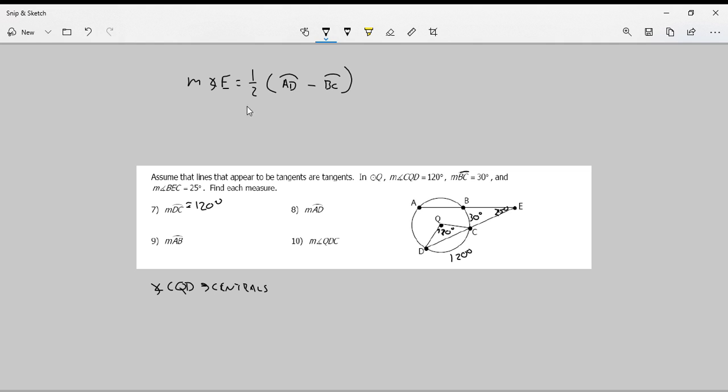Okay, so again, what do we know? We know angle E, right? They told us that was 25 degrees, and we know that AD is what we're trying to find out, and BC they told us is 30. I suppose I need the arc sign over the 30.